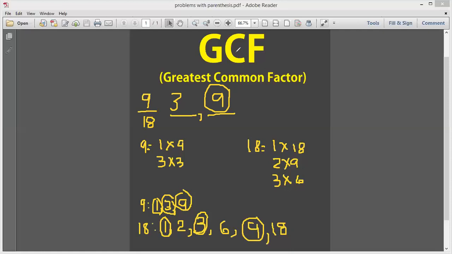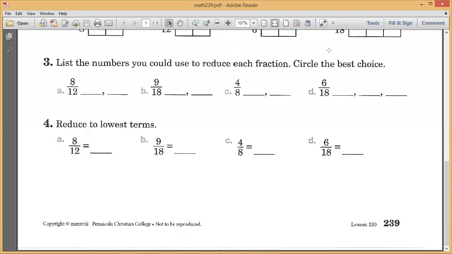Okay, let's go back to our seat work. For number 4, reduce to lowest terms. How are you going to reduce to lowest terms? Then you have to find your greatest common factor, or your GCF.